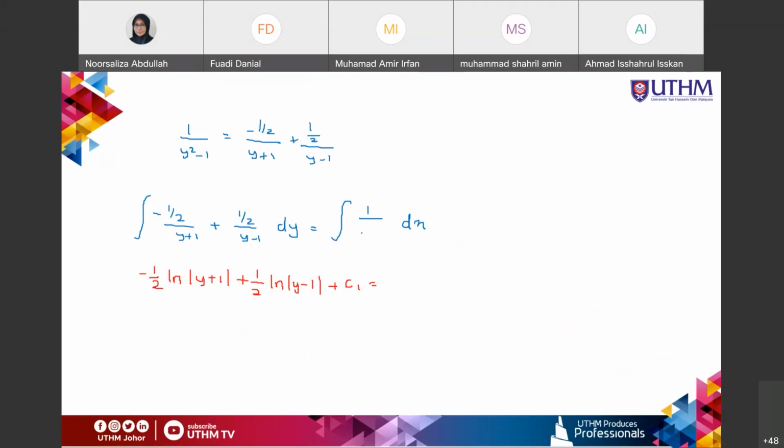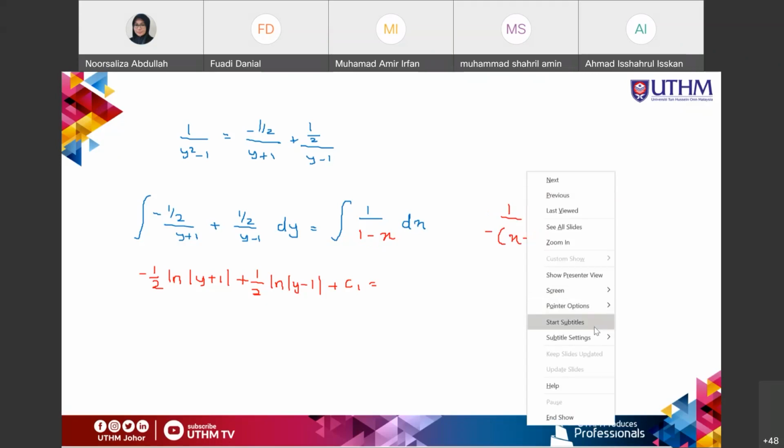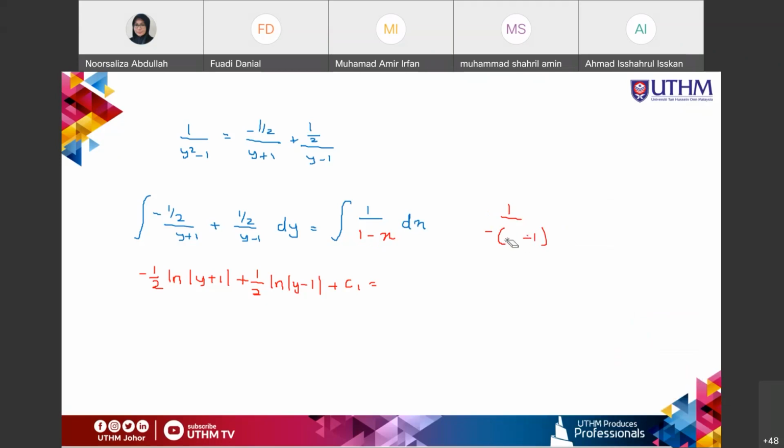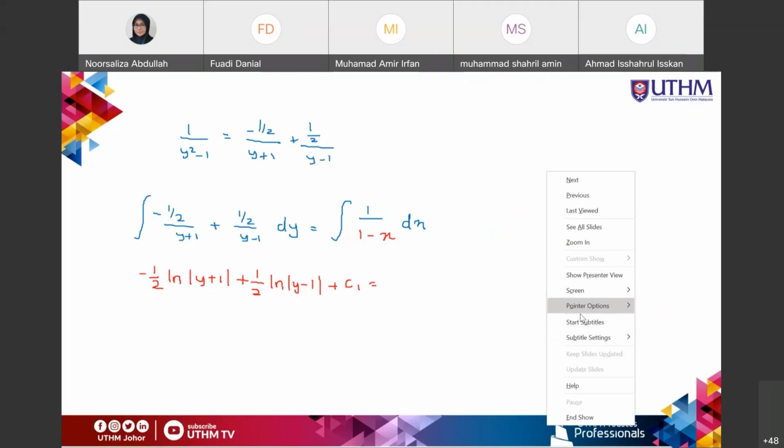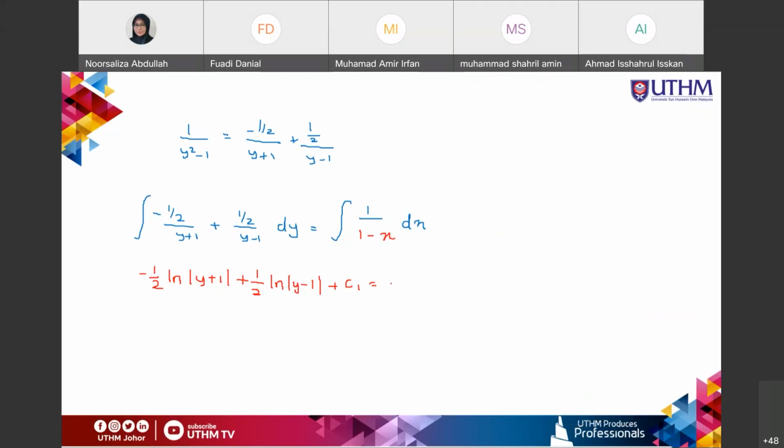So, bila 1 minus x, you rearrange balik, then you will get 1 over minus x minus 1. Betul? Okay, tak apalah. Kita proceed yang ni je.